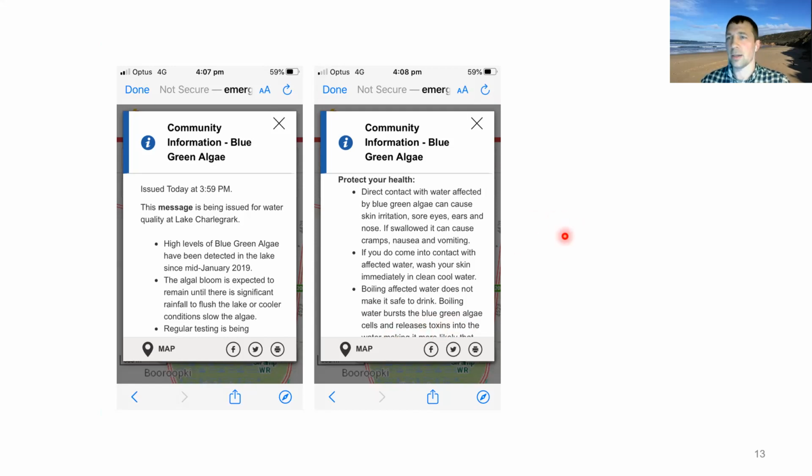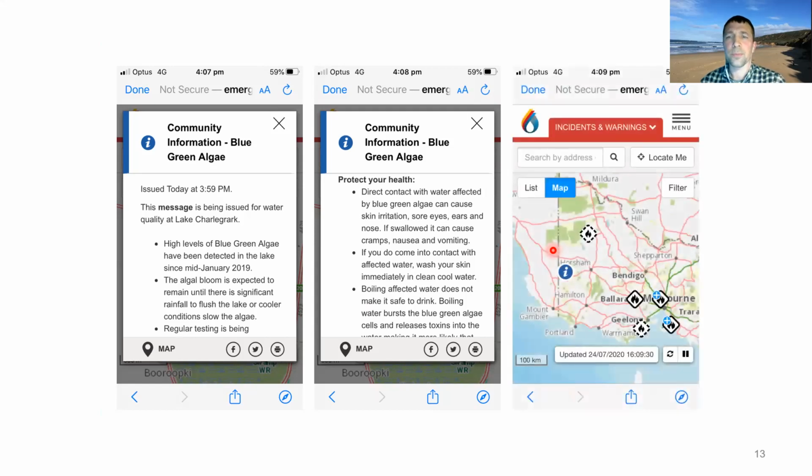That all sounds quite terrifying. And indeed, blue-green algae is a significant problem in Victoria. But again, this is a problem that actually occurs globally, anywhere you can have excess nutrients entering freshwater bodies or even marine systems as well.